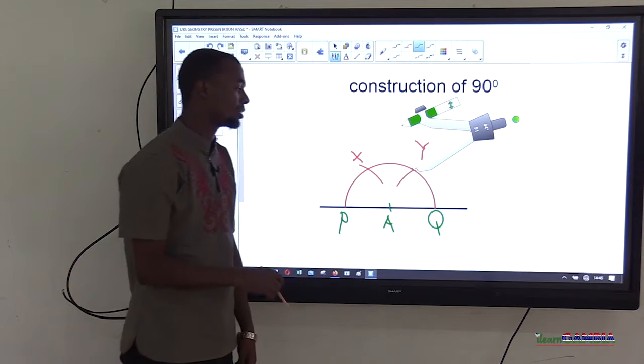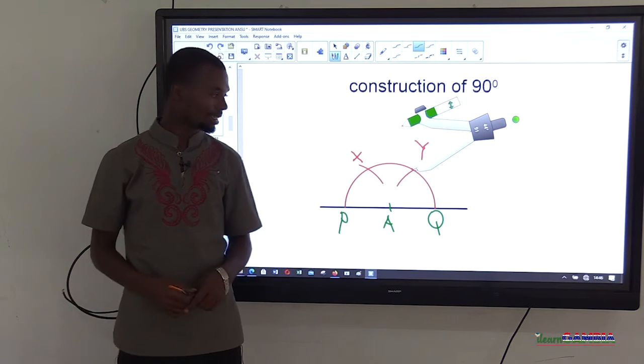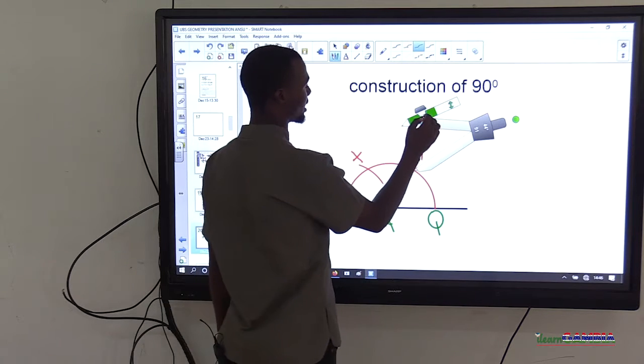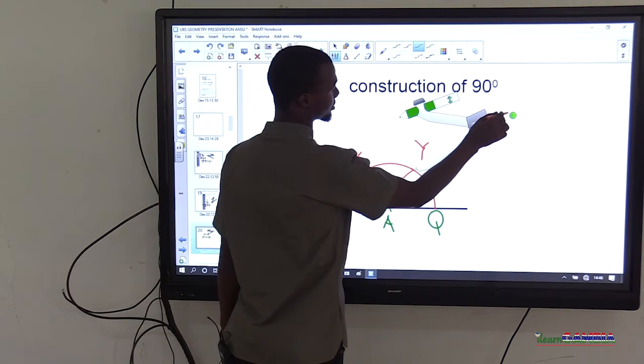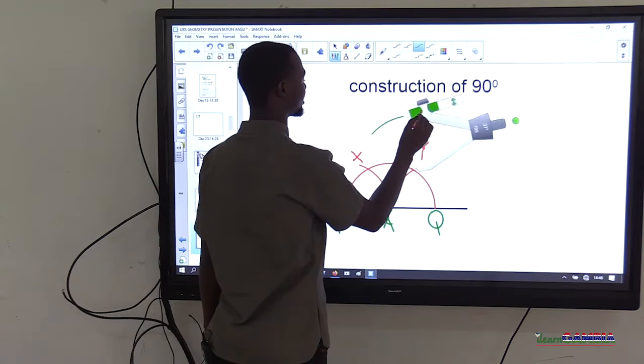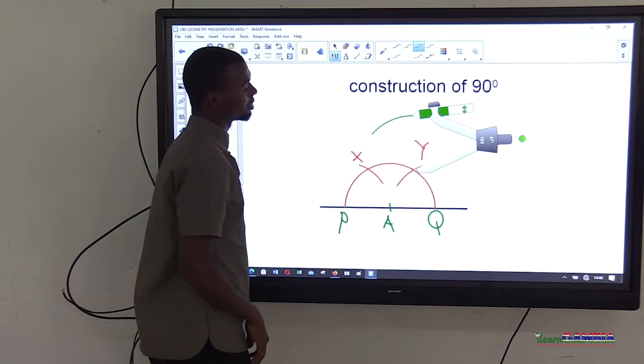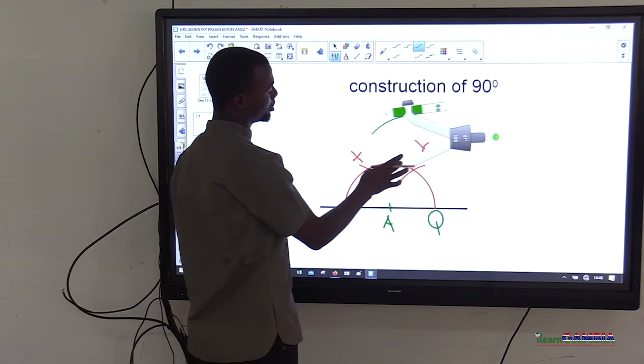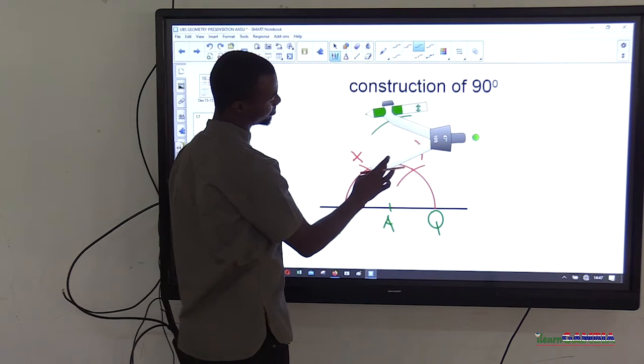To do that, you use Y as the center first, then draw an arc. And now use X as the center.